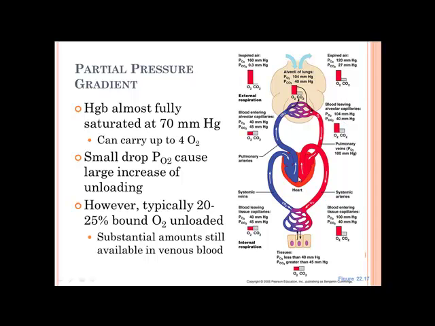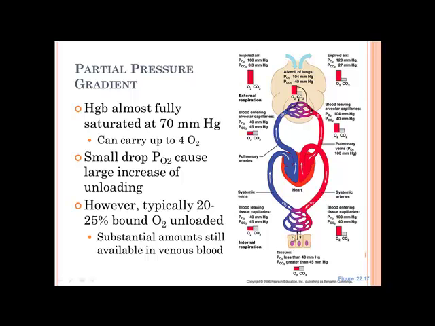Bring that blood to the heart, out of the heart, out to the tissues. Partial pressure of oxygen as it's getting into the capillary beds of those tissues is like 100. Partial pressure of oxygen in my tissues is less than 40. So that means I can dump off the oxygen. We go from high pressure to low pressure. High pressure is in the blood, low pressure is in the tissue.